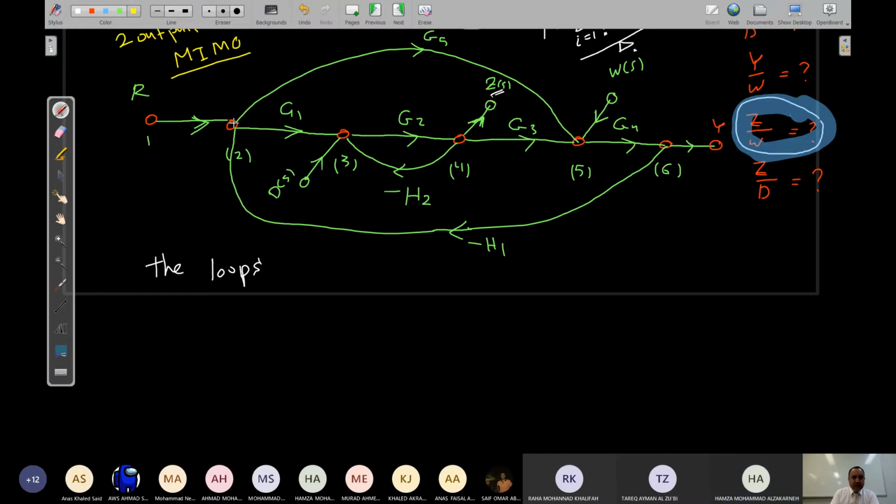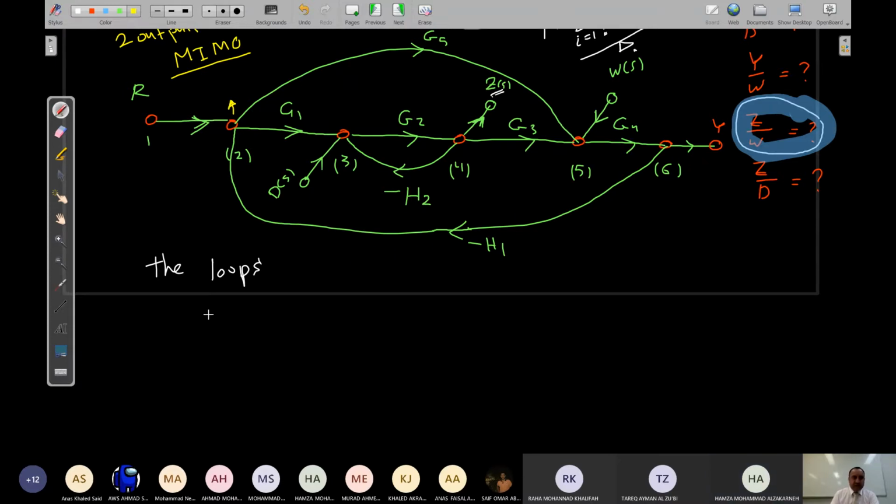So let's see. The first thing, I will stand on node number 2, and I will start to loop. The first loop, can you give it to me? G5, G4, minus H. So this is the first one.